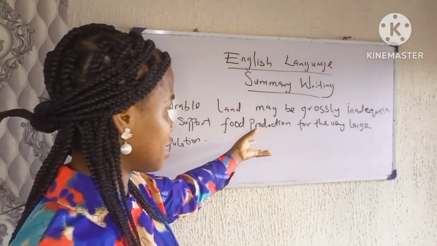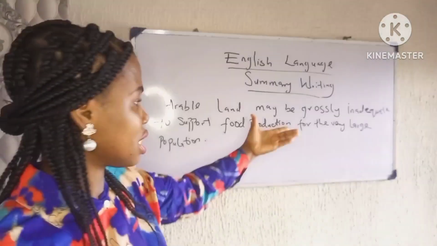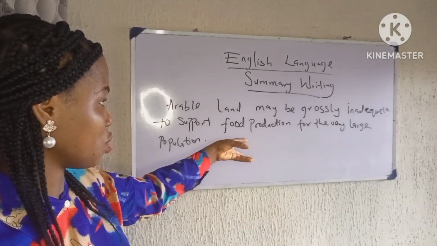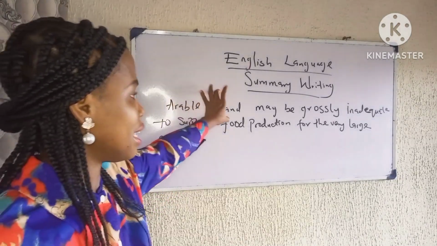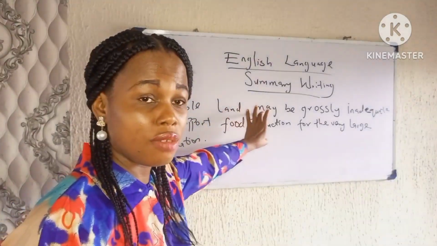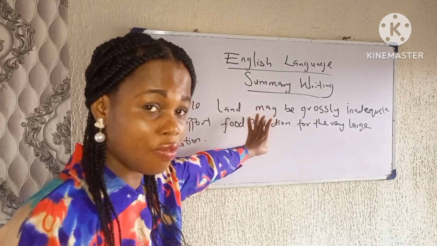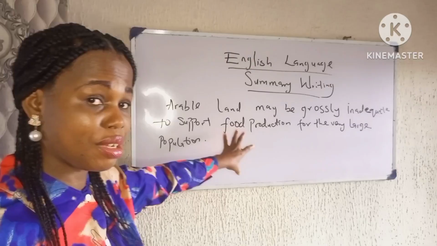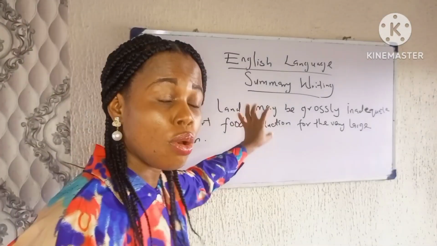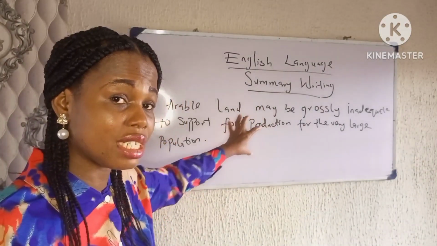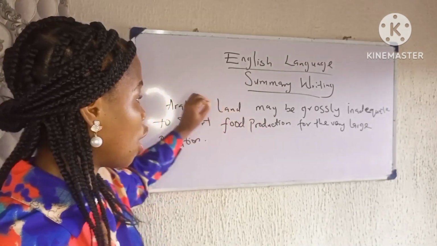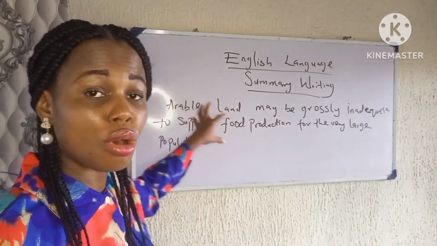Now look at the rest of the sentence: "may be grossly inadequate to support food production." It should tell you that arable land is used in food production, is meant for the production of food. So arable land is land that is meant for farming. You get the clue by reading the rest of the sentence. Understanding the rest of the sentence will help you understand the meaning of arable land.